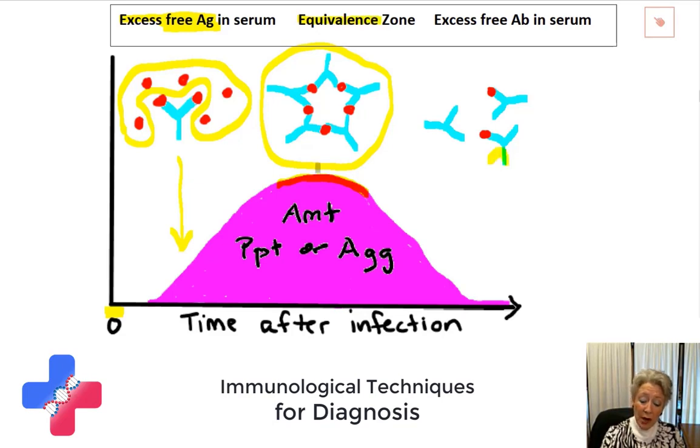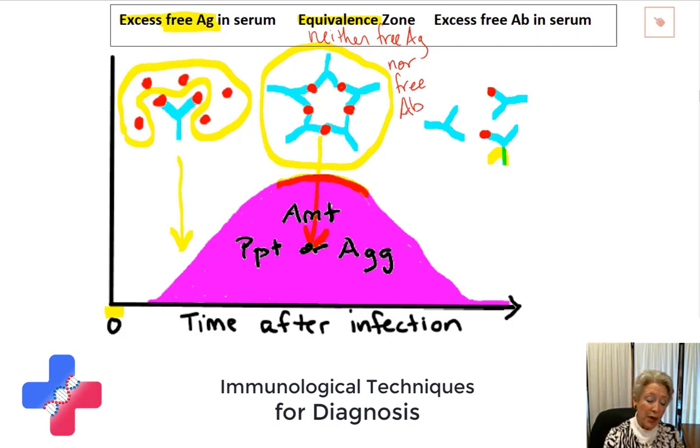But remember, I'm going to find all of my complexes removed from the system by the spleen, and what I would find free in the serum would be neither free antigen nor free antibody, right? Because everything that's being complexed is being cleared out.